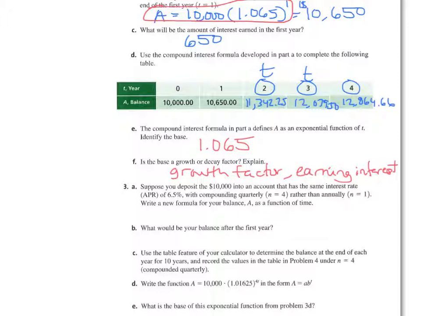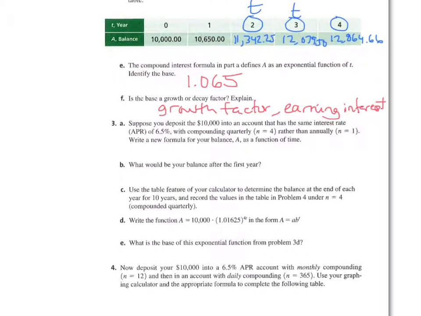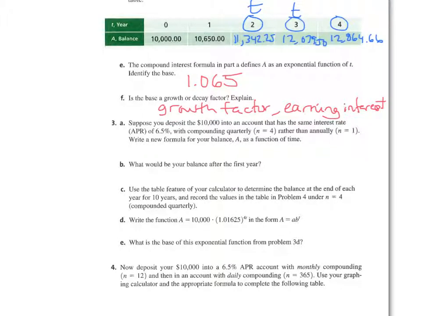Okay, so now I'm just going to move this up a little bit more. Suppose we deposit that same amount, but now we're going to get it quarterly rather than annually. Write a new formula. So now we're comparing. If we do it quarterly, it's going to be our initial investment times 1 plus 0.065, which is still our rate, but we get it 4 times a year. That's our formula, still not knowing how long we're going to have it for.